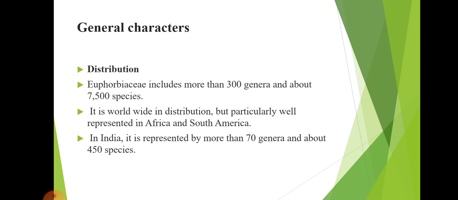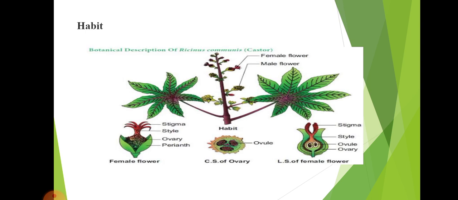It is worldwide in distribution but particularly well represented in Africa and South America. In India, it is represented by more than 70 genera and about 450 species.